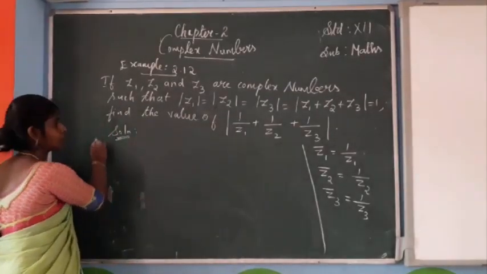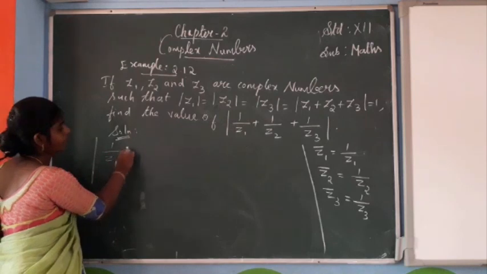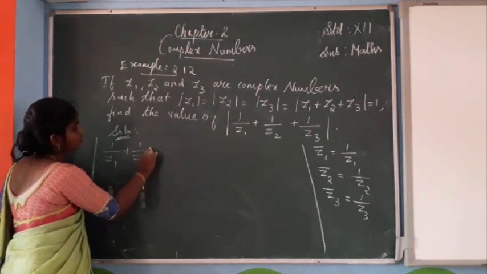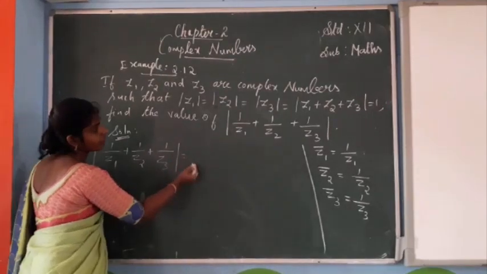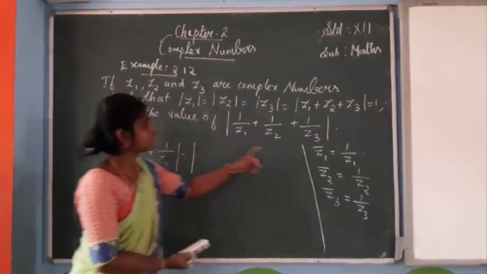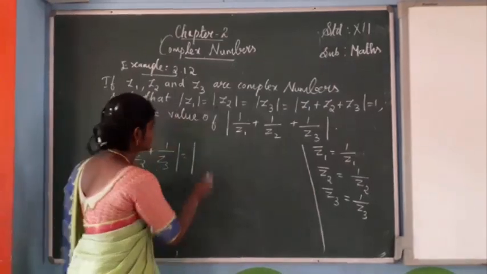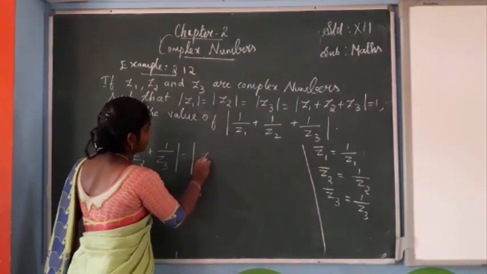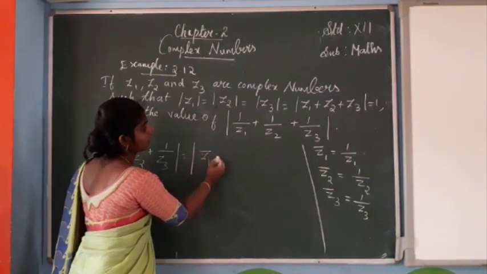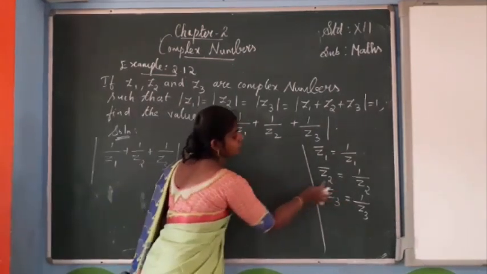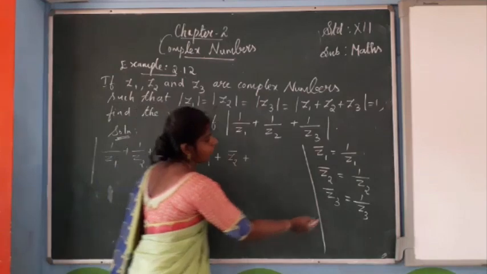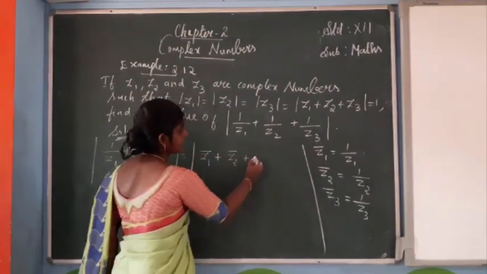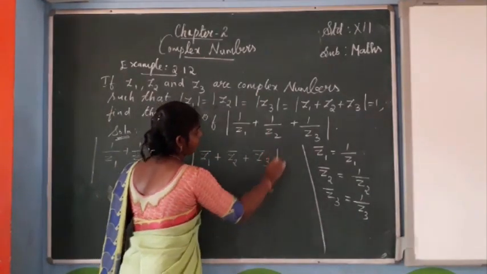Then we can write the equation: 1/Z1 + 1/Z2 + 1/Z3 is equal to modulus of (Z1 bar + Z2 bar + Z3 bar), since 1/Z1 is Z1 bar, 1/Z2 is Z2 bar, and 1/Z3 is Z3 bar.